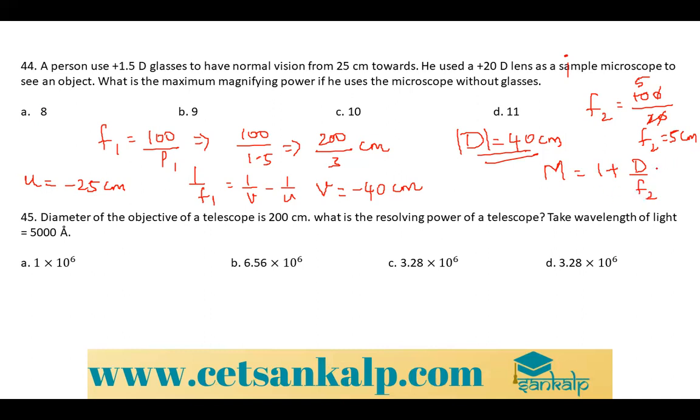So it is 1 plus 40 divided by 5, which is 8, so 8 plus 1 is 9. So the magnification is 9. So option B. Just be careful with the simplification here. Clear?